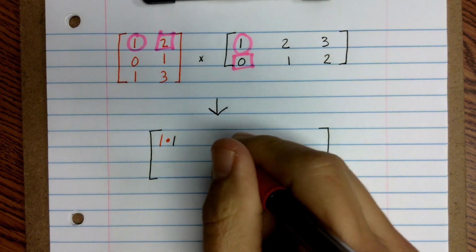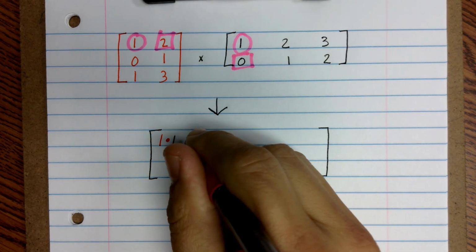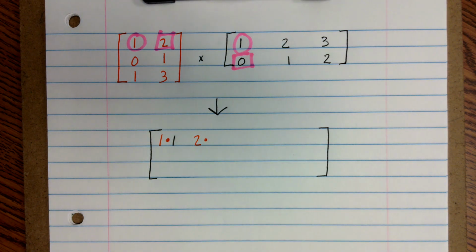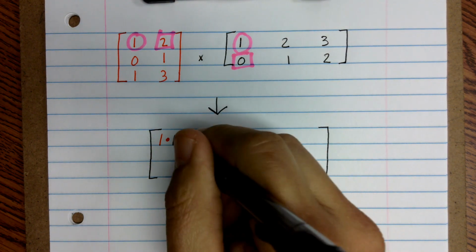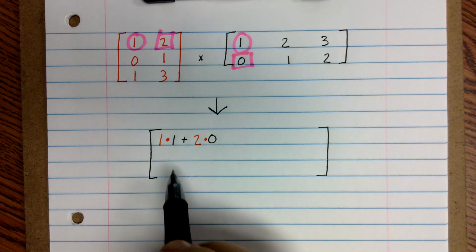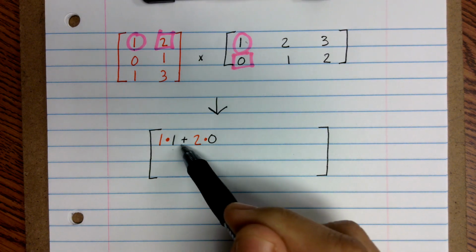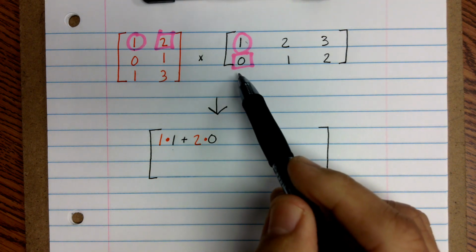So then we now have 2 times 0. And I am going to add these 2 together. So it's going to be 1 times 1 plus 2 times 0.